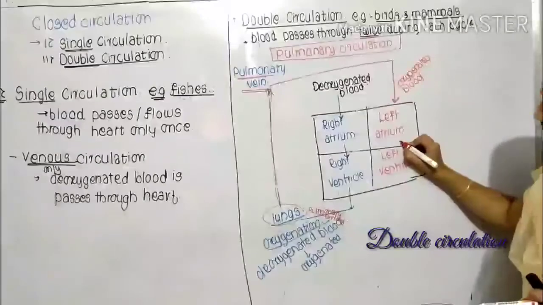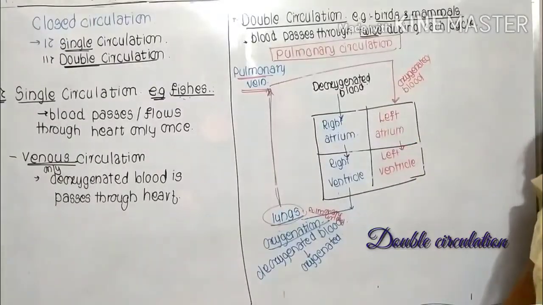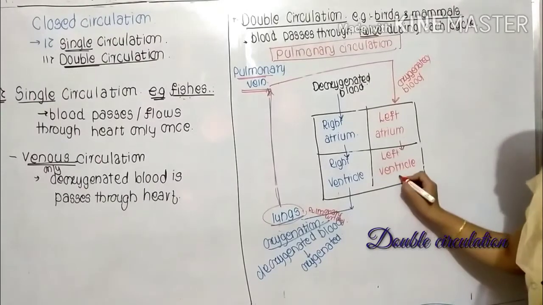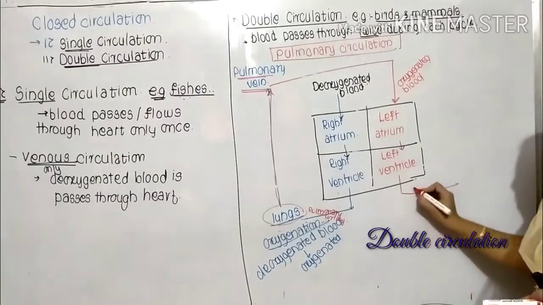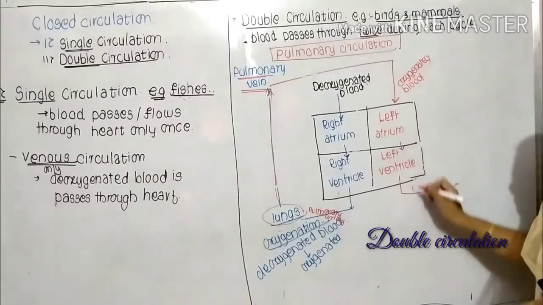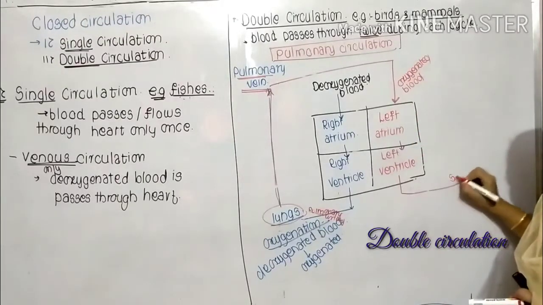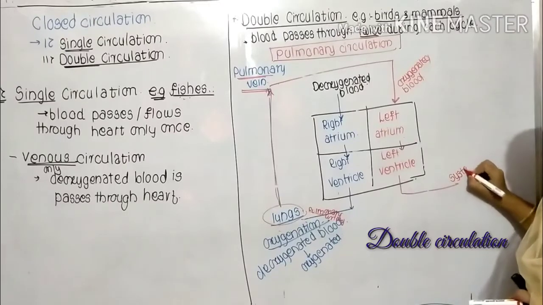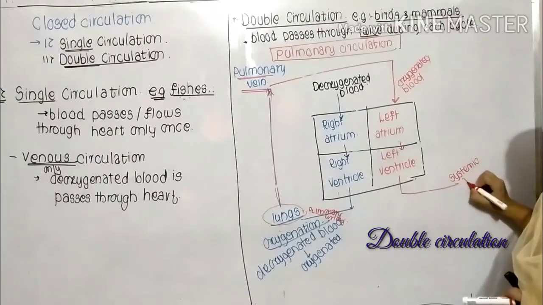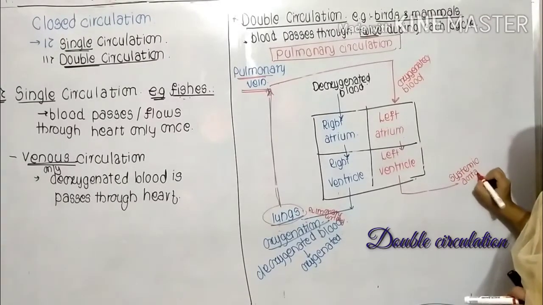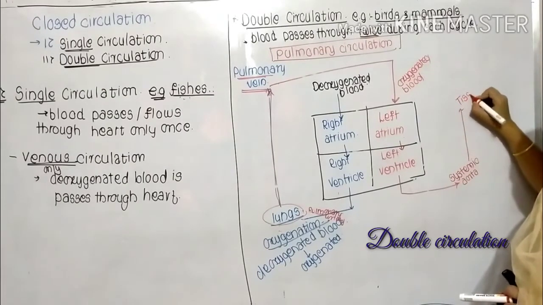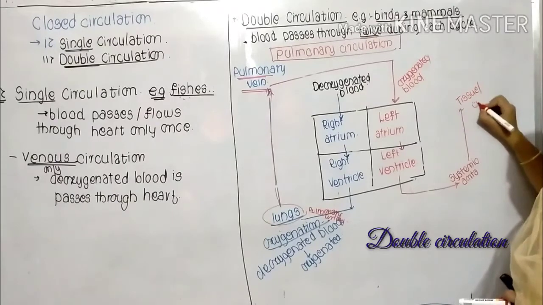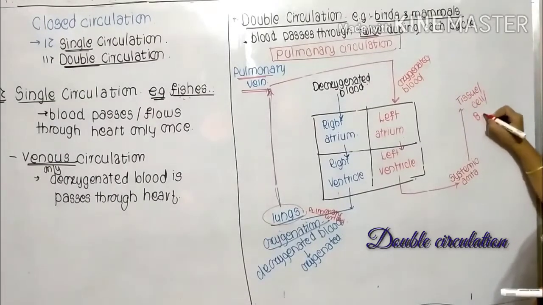Then through that left atrium, it enters into the left ventricle, and through the left ventricle it passes towards the systemic aorta, and through the systemic aorta, it passes toward the different tissues or cells, or you can say body parts.